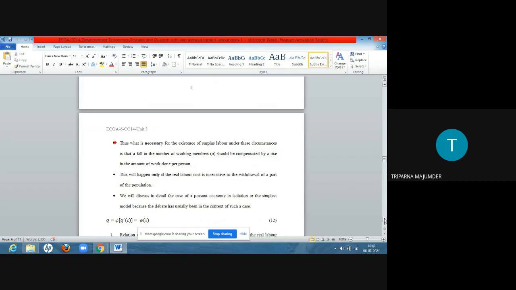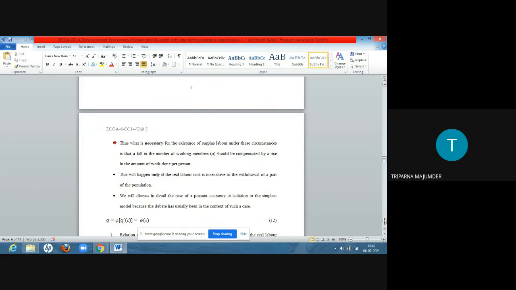So the necessary condition for existence of surplus labor is that a fall in the number of working members alpha should be compensated by a rise in the amount of work done per person. This will happen only if the real labor cost is insensitive to the withdrawal of part of the population.